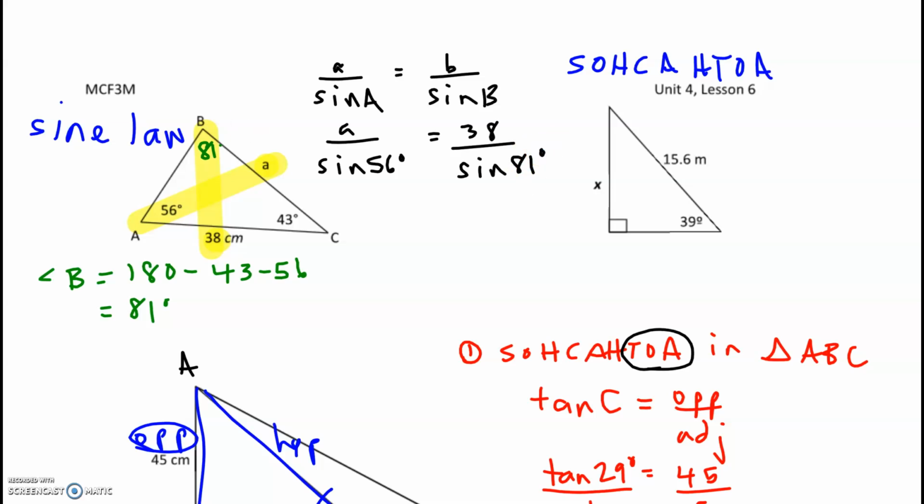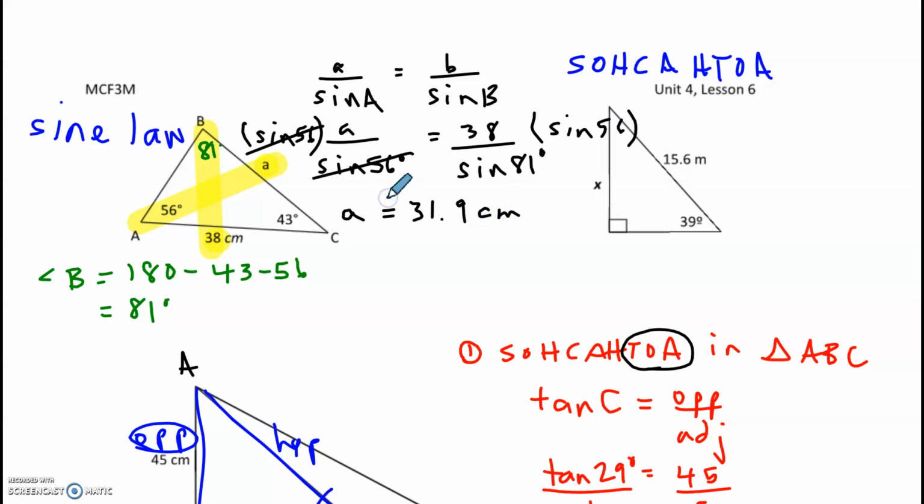I want a by itself, so I'm going to multiply both sides by sine 56. Okay, that cancels, so we're left with a. And in our calculators, we'll do 38 divided by sine 81, and then times sine 56. And I got 31.9 centimeters.